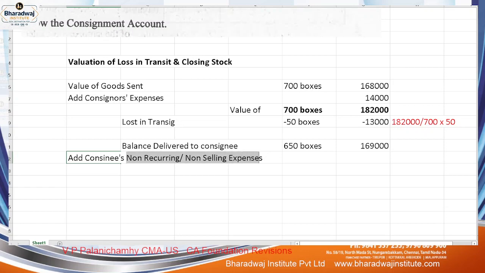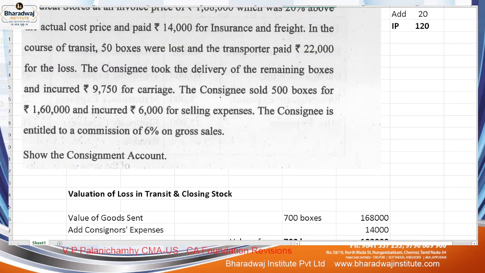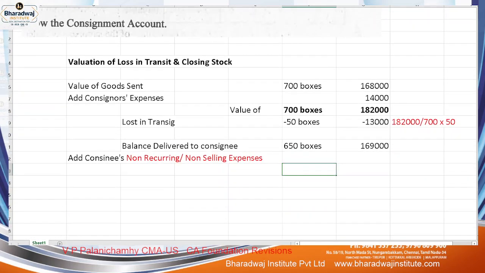Non-recurring expenses and non-selling expenses mean the same. He paid how much? 9,750 for carriage. So this is the total value of how many boxes? 650 boxes.